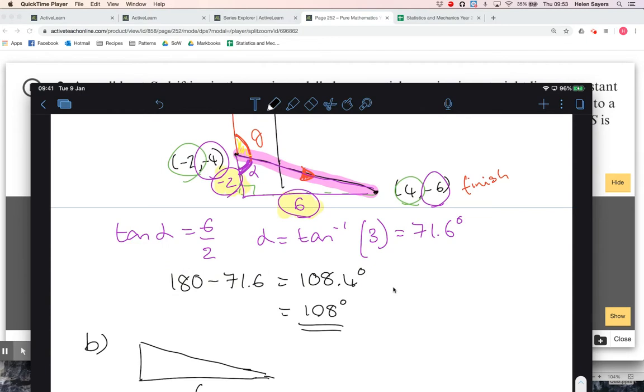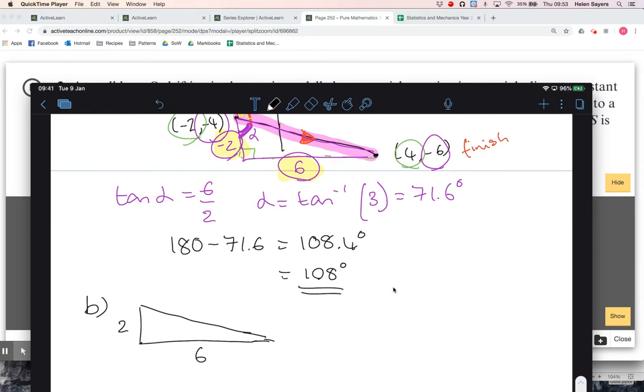So that's 6, and again, I'm not bothered about the fact it's -2, I'm just looking at the magnitudes. So the distance it's travelled is going to be the hypotenuse of that triangle. You could get the velocity as a vector and then do it from that as well. That would work. So the distance is going to be 2 squared plus 6 squared.